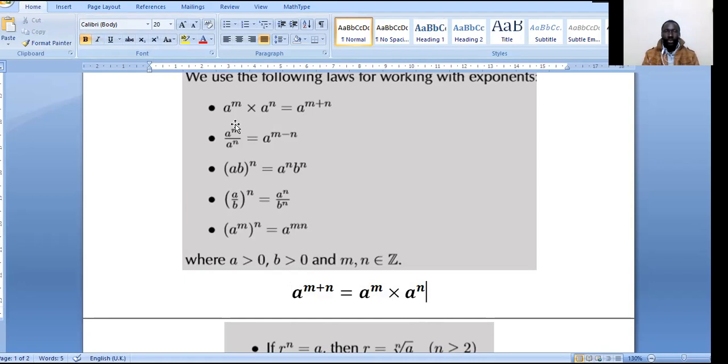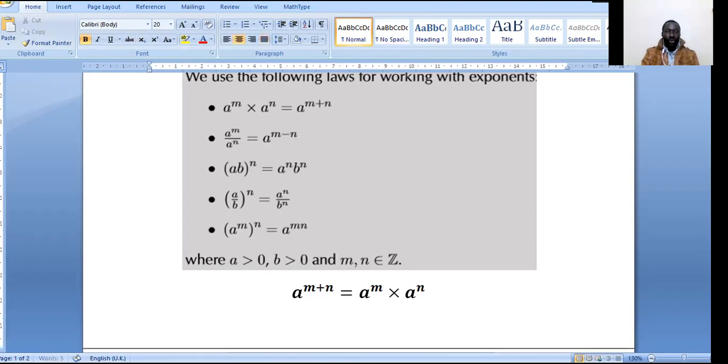This is true. The second rule is known as the quotient rule. The quotient rule means if a variable a with exponent m is divided by a with exponent n, this can be simplified as a with exponent m minus n. The reverse is also true.